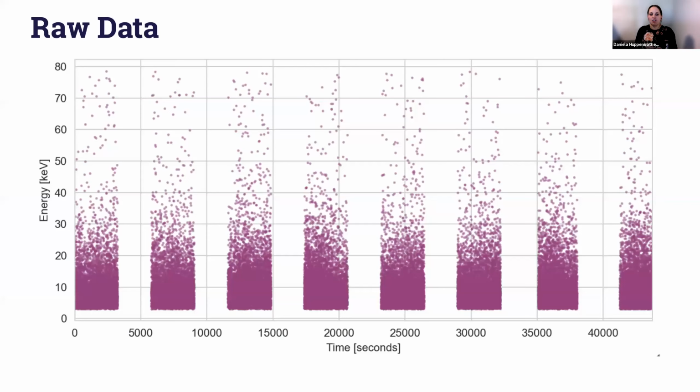Here, I thought I'd just show you what raw data looks like of these observations. I always find it interesting to see observations from different fields. What we measure in X-rays is really individual photons, individual light particles hitting the detector. And so each of these dots is a photon that hit the detector. We do this as a function of time, so this is what you see on the x-axis. The gaps in there are due to the rotation of the satellite around the Earth.